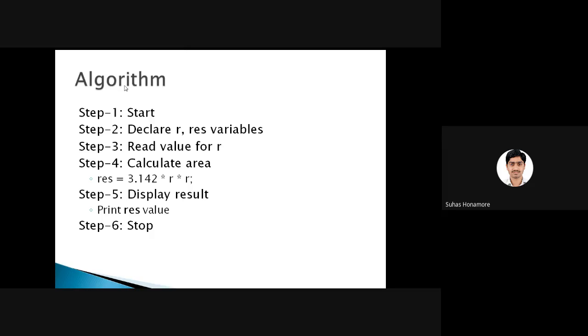So instead of writing in terms of letters, we'll prefer some diagram actually. If you see the diagram notations, you are reading only, you are displaying only, you are calculating only, so for that we'll say flow chart.